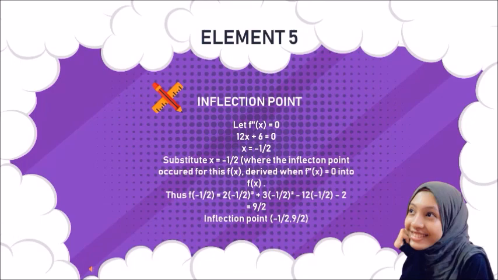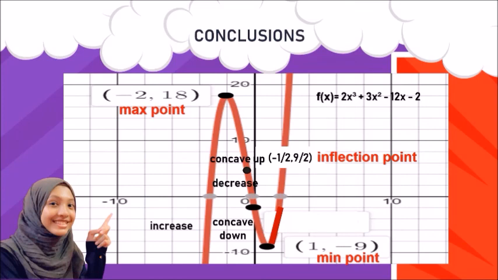Therefore, the inflection point is (-1/2, 9/2). In conclusion, when we plot the graph, we can see the maximum point, which is (-2, 18). Next, we can see the inflection point, which is (-1/2, 9/2). And lastly, we can see the minimum point, which is (1, -9).